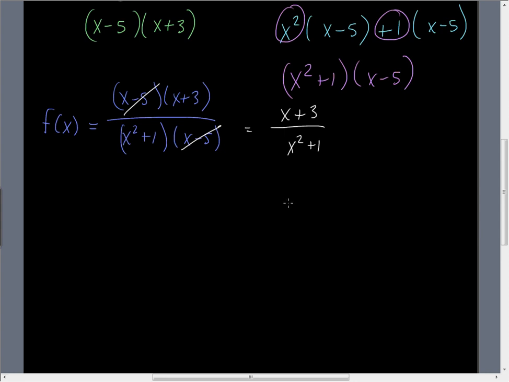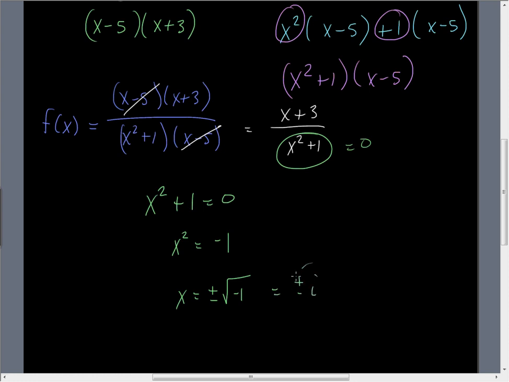Where the bottom is 0, x squared plus 1 is equal to 0, which means that x squared is equal to negative 1, which means that x is equal to plus or minus the square root of negative 1, or plus or minus i. That simply means that there are no real numbers that you can substitute in for x that cause the bottom to be 0. The beautiful thing is that we don't have a problem now.